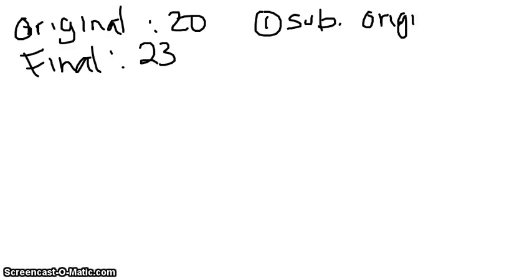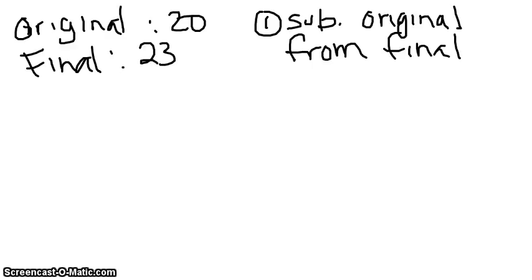So to find if it's an increase or a decrease, we're going to subtract. Oops. Oh man, sorry guys. There's apparently a magic button that erases everything. Alright, so we're going to start by subtracting the original from the final.